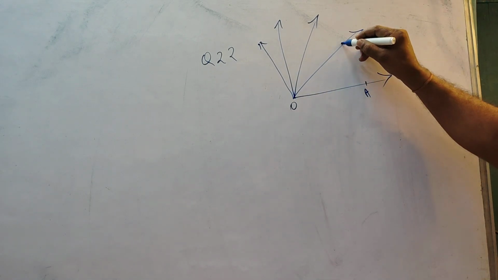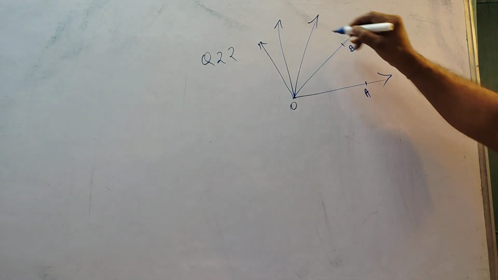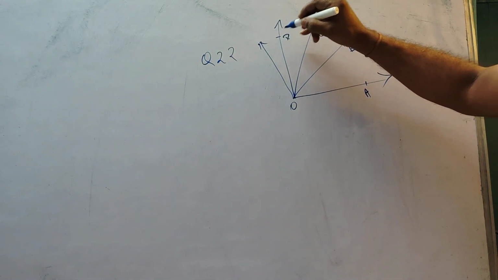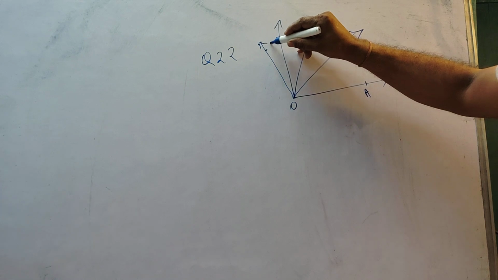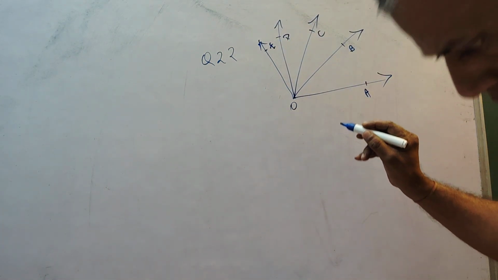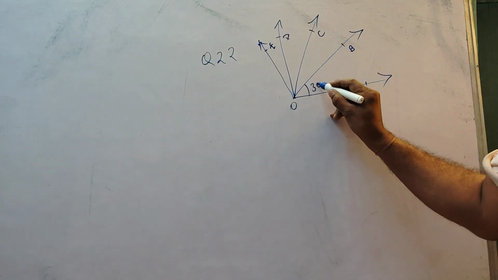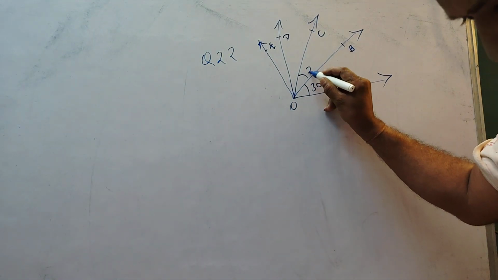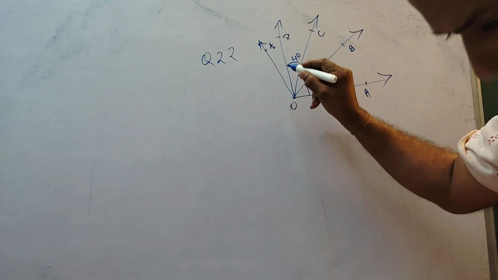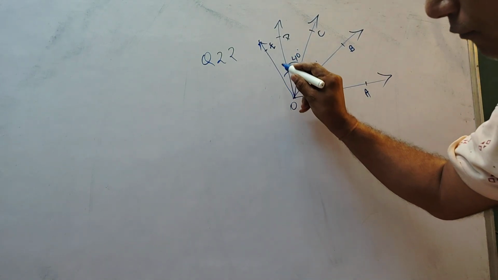A is here, B, C, then D. Last one is E. So 30 degree, 20 degree, 40 degree. Last one is also 40 degree.